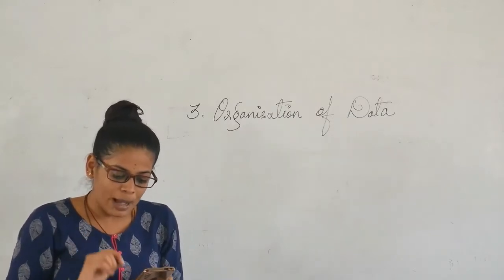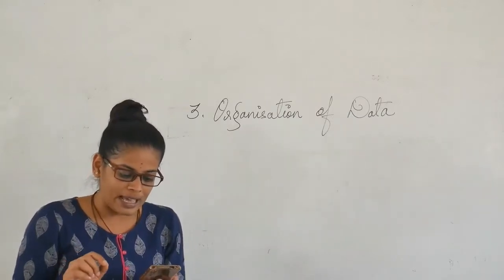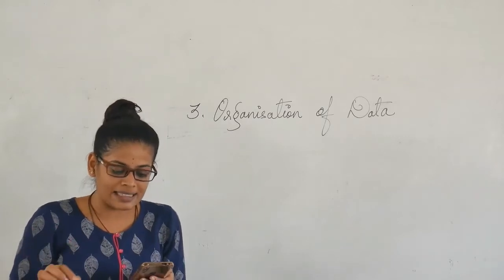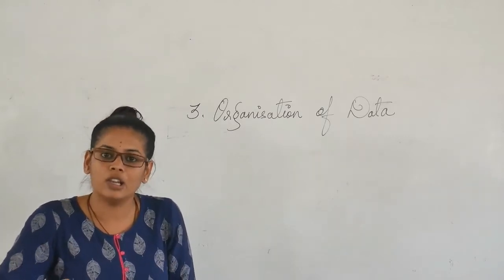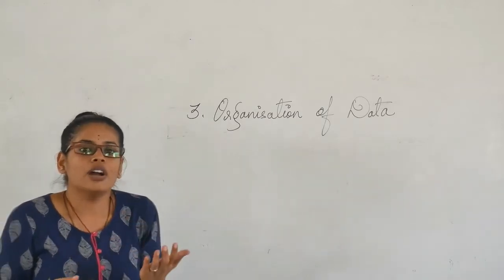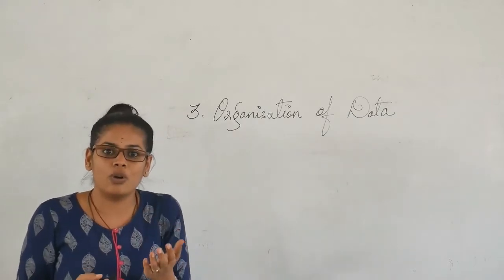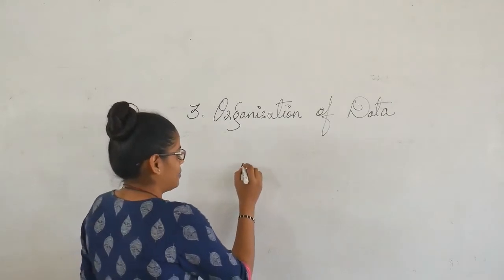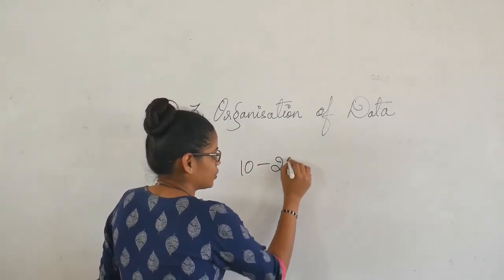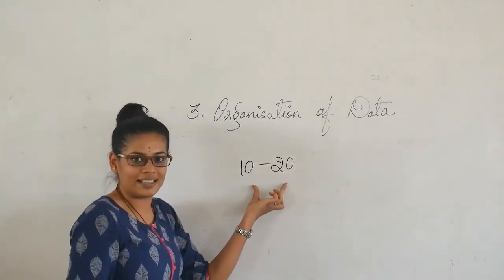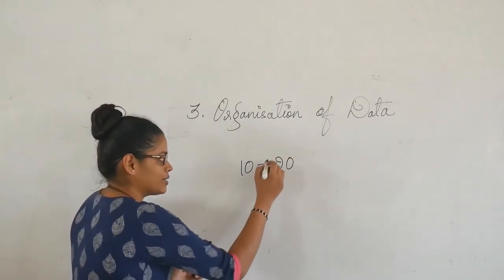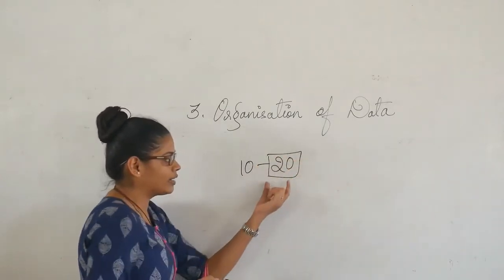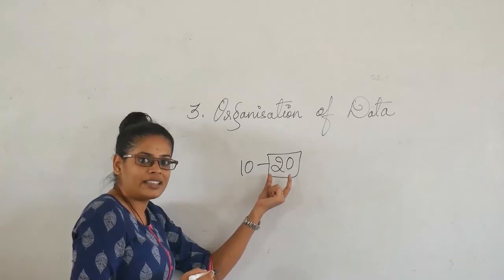The value of the upper class limit of a class is obtained by adding the class interval to the value of the lower class limit. How are we going to know the upper class limit? For example, say 10 to 20 is your class interval. How did you get this 20?